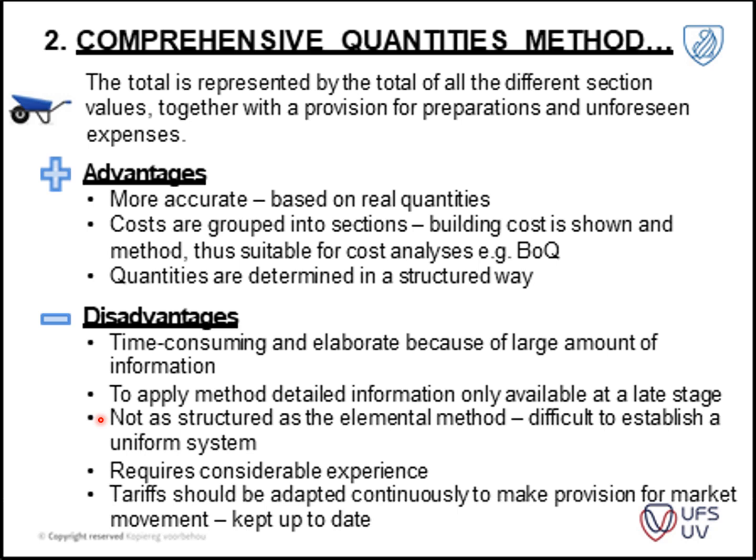It's a combination of the two. It's almost like the middle ground between your elemental estimate and your final BOQ. It requires considerable experience because you need to understand which items are not included in this estimation method.